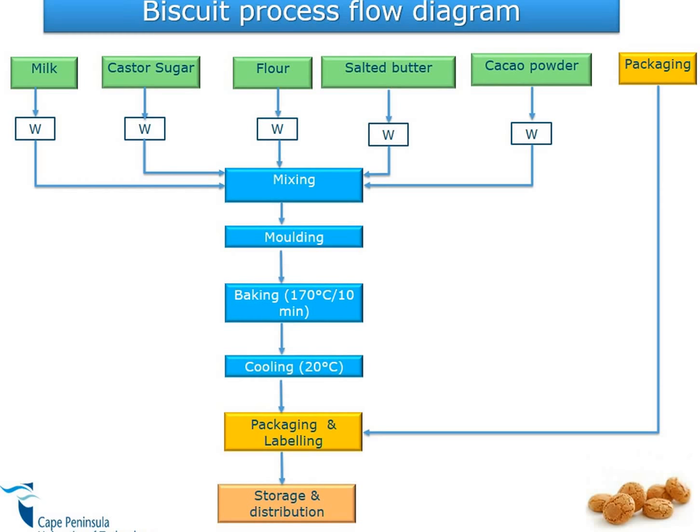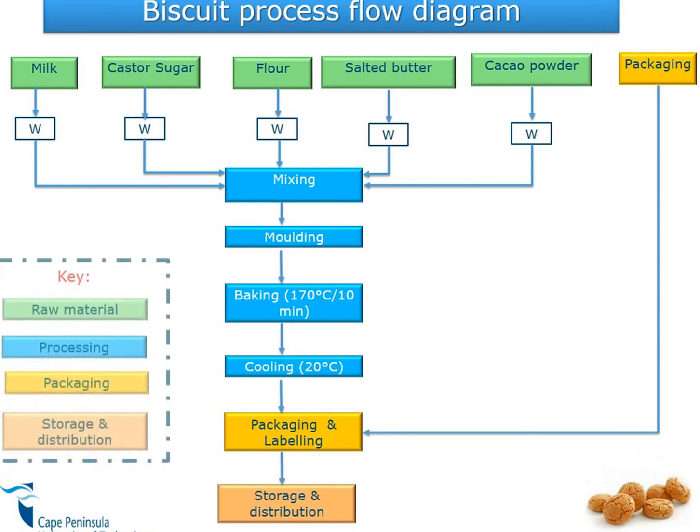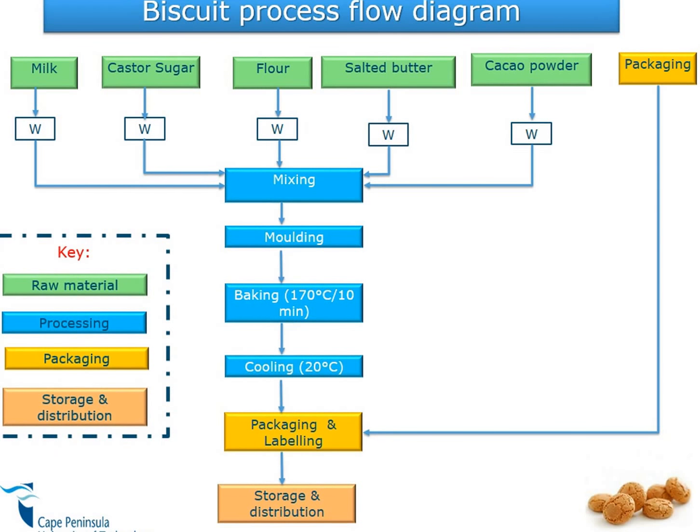Before we go there, what I've done here, I've put in a key for you. All my ingredients are colored in green, and the processing stages, which are the conversion of your raw material, I've colored in blue, and the packaging is orange, and the storage and distribution is a different color.